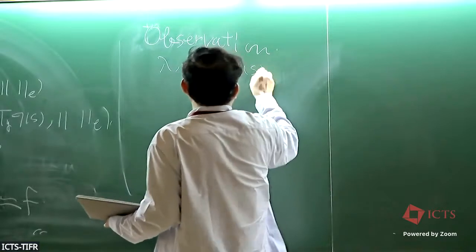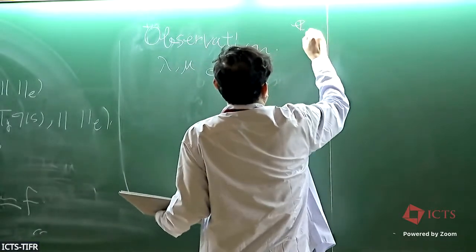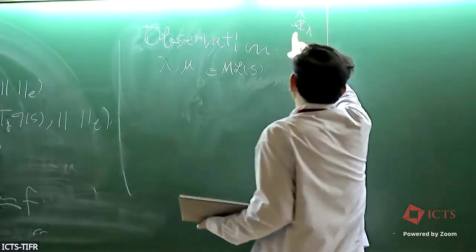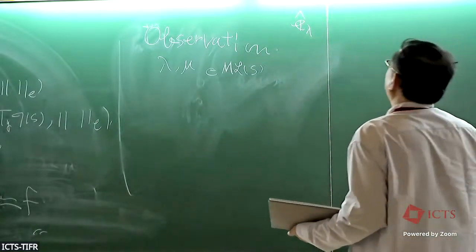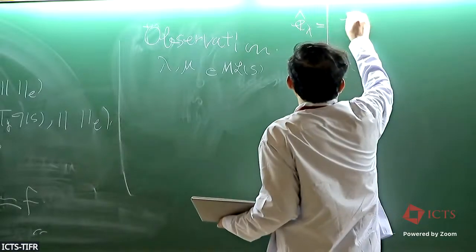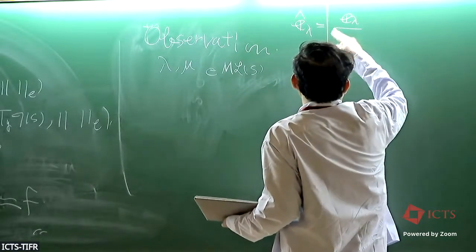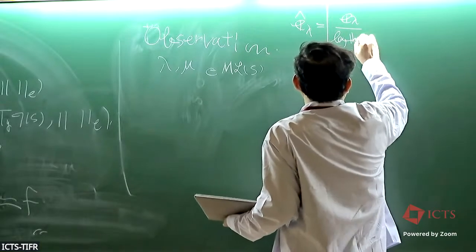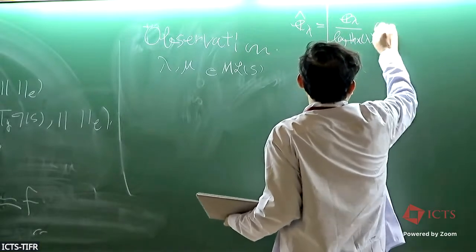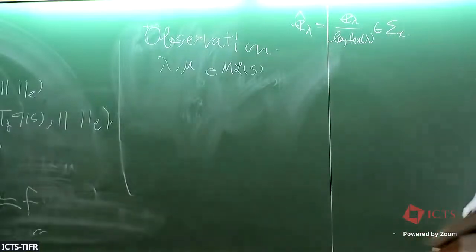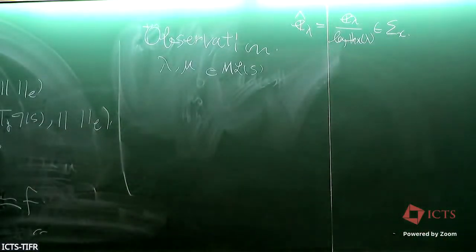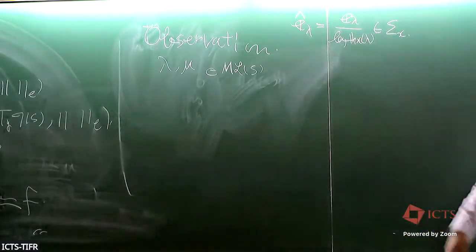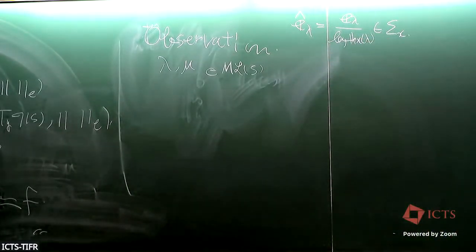I'd like to use the symbol E lambda hat, defined by dividing by the length, so that it lies in the unit sphere. You just normalize it so that its norm is equal to 1.